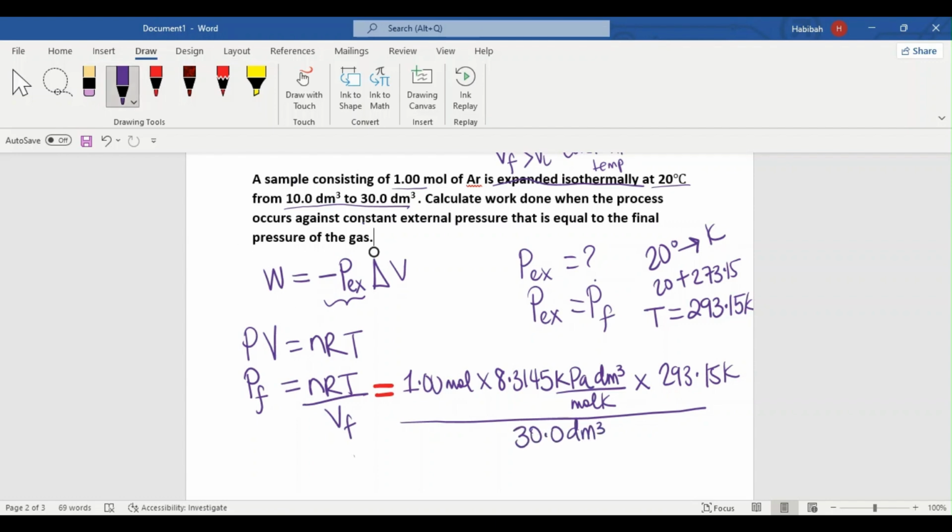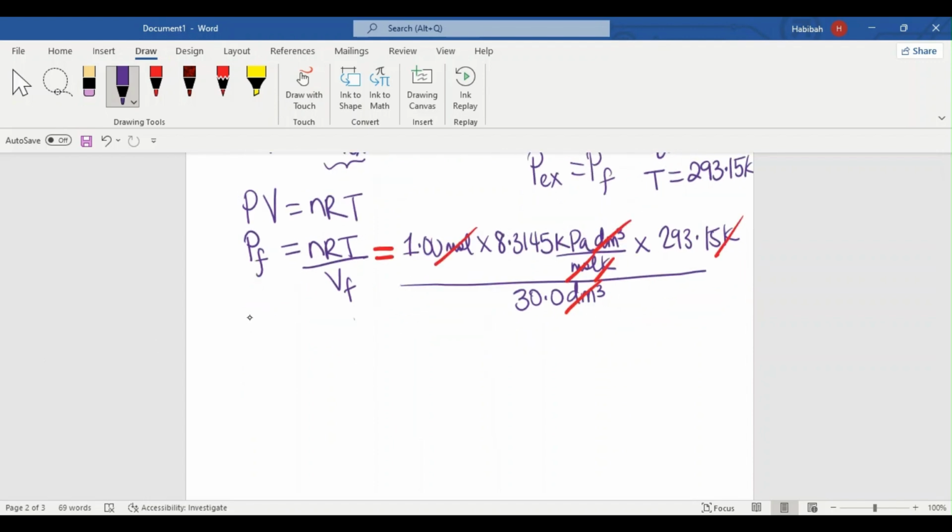So we're going to cancel out dm cubed, Kelvin, and mole, cancel all of this information out. And we would end up having P final equals 1 times 8.3145 kilopascal times 293.15, divided by 30.